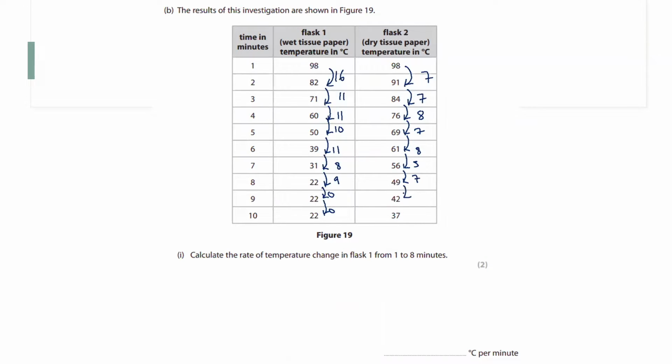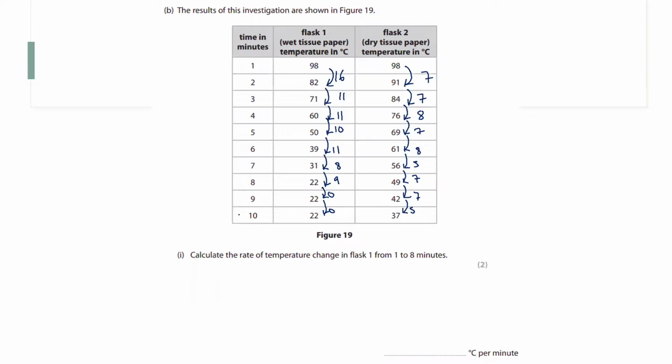Got 7's in this. And it's ended up after the same amount of time at a higher temperature, isn't it? Okay, so it's going down by 5 here. So yeah, the dry tissue paper isn't cooling down as fast. Okay, it ends up at a higher temperature at the end.